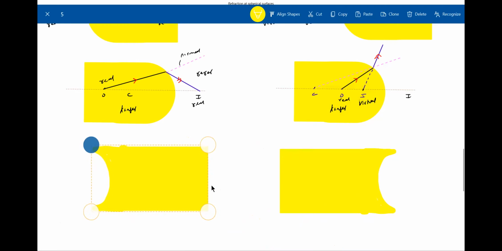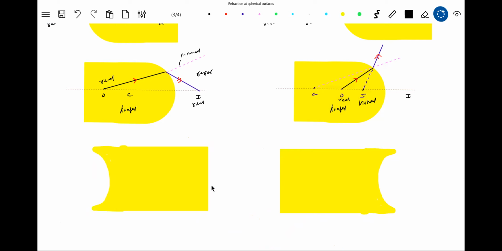Now you see this, I'm going to keep the object in the denser medium, where the center of curvature will be here. This is the center of curvature.